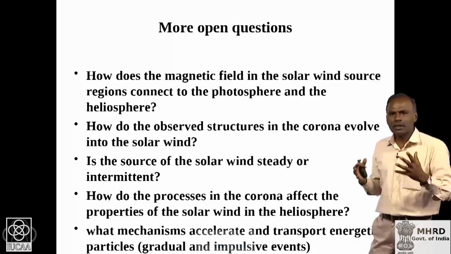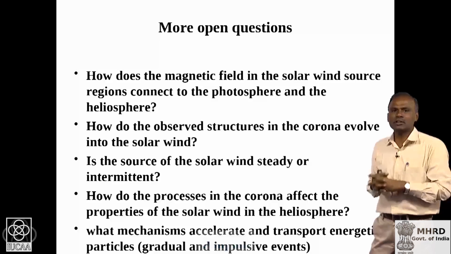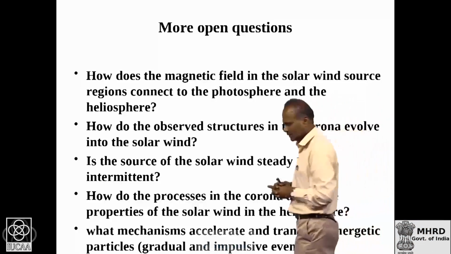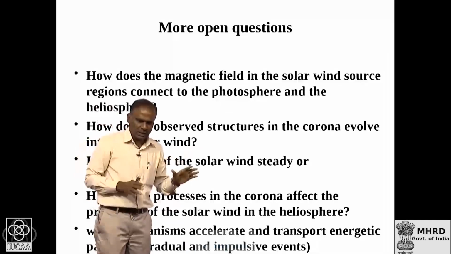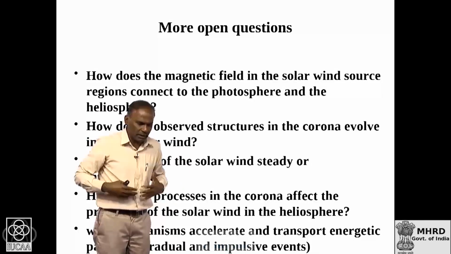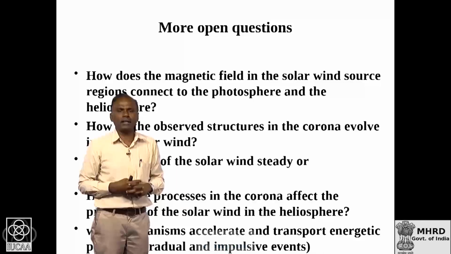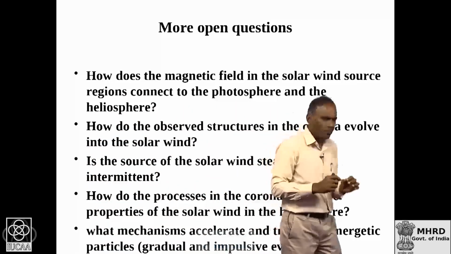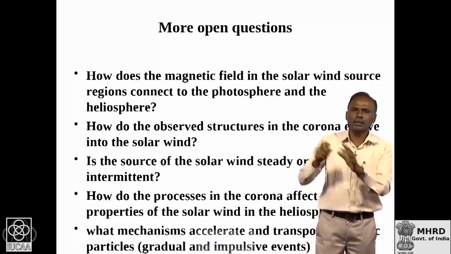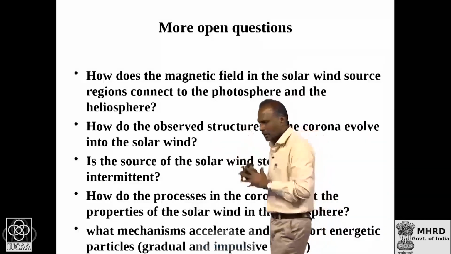Next, what mechanism accelerates and transports energetic particles from the sun to earth? Because energetic particles can be high speed streaming particles. What causes them to transport from coronal origin to near earth space or beyond?